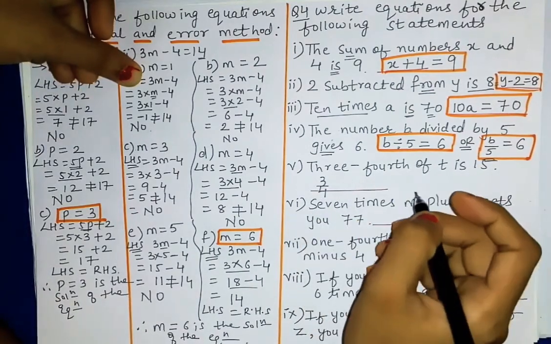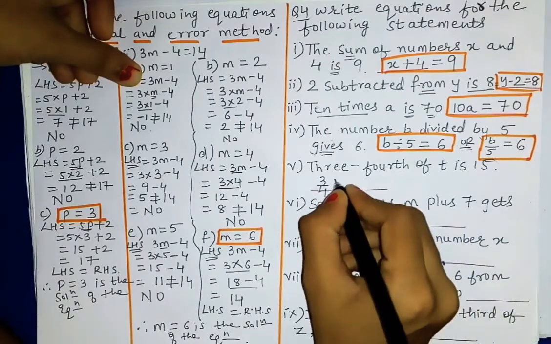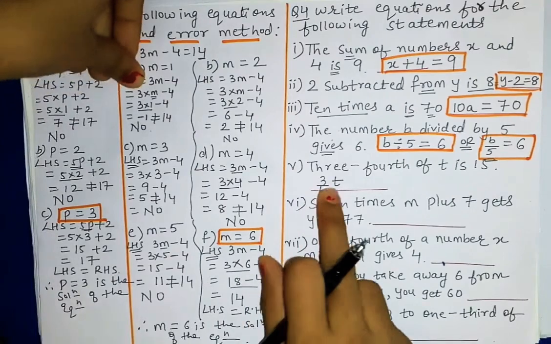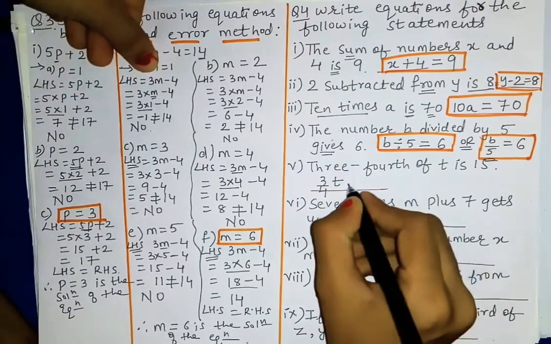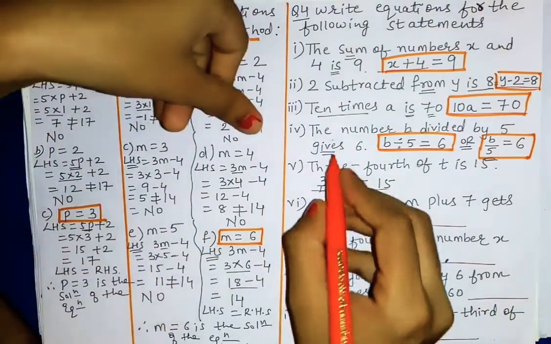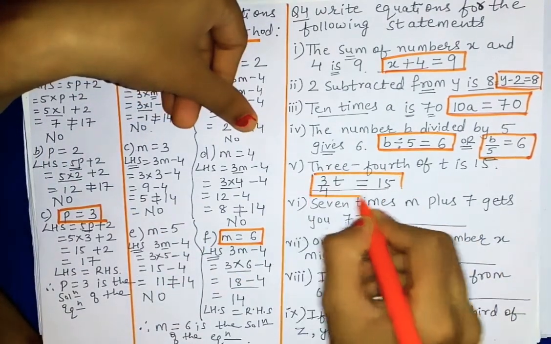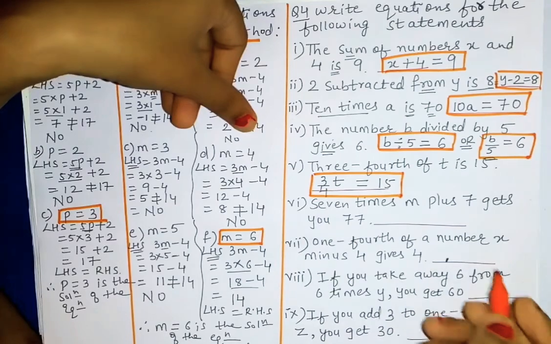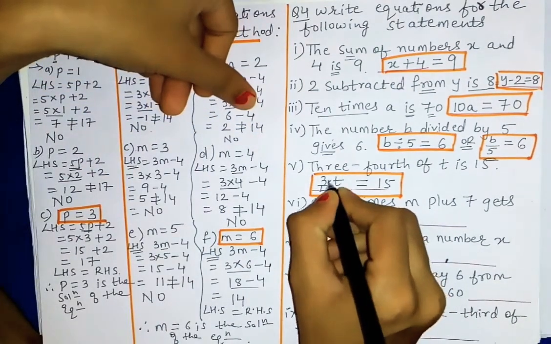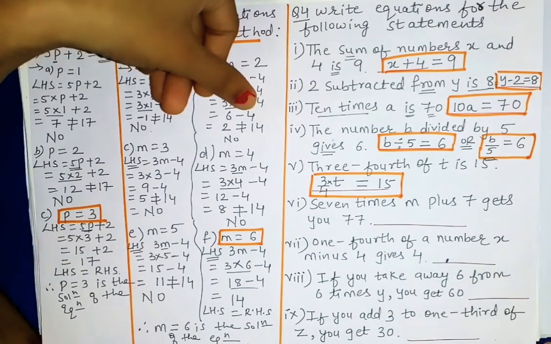You can write a multiplication sign, or if you directly write t, then also it is correct. So 3 upon 4 t is 15, so equal to 15. So 3 upon 4 t equal to 15. Or you can write a multiplication sign here. Both ways it is correct.